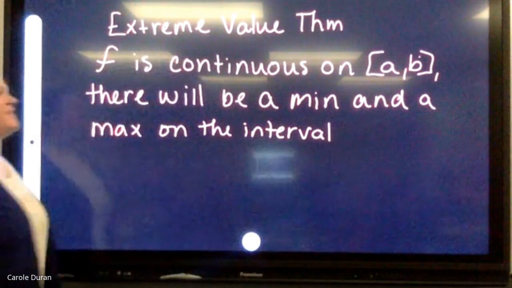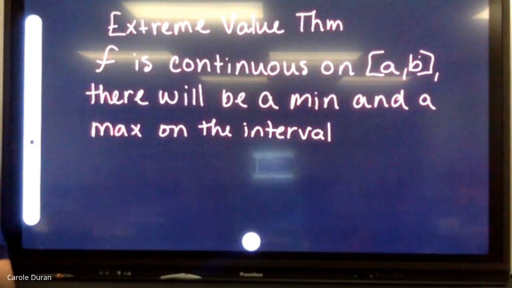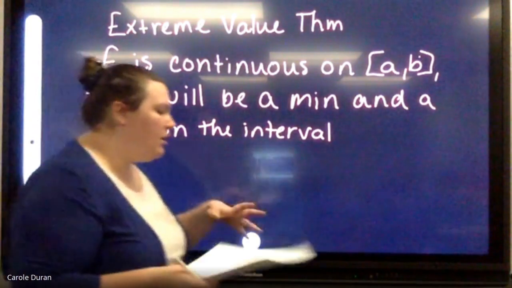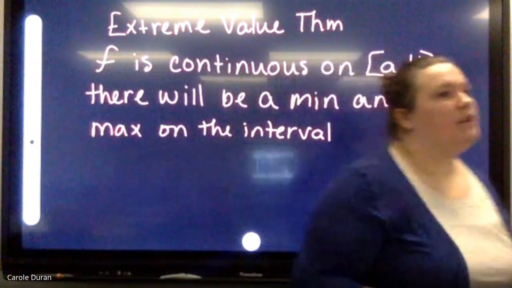So that to me seems like common sense, because if it's continuous, I'm always going to have a highest point and a lowest point if it's closed. I don't really know why we need to talk about that, but we do. This only works, however, if it is a closed interval and if the function is continuous.